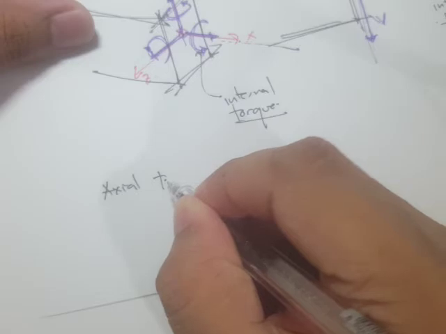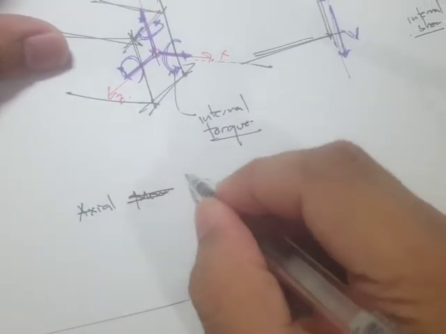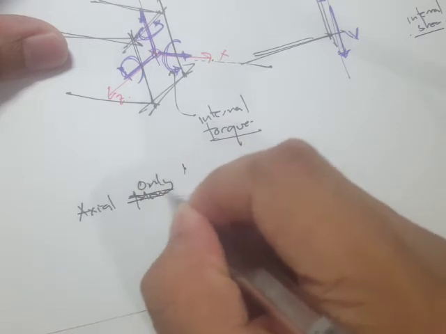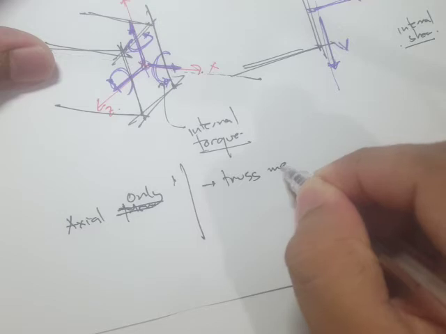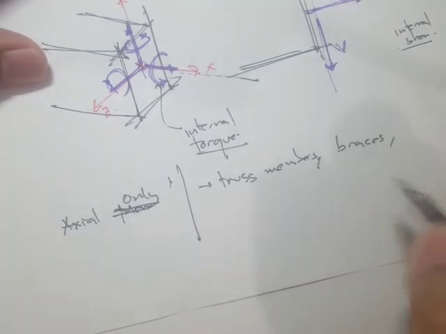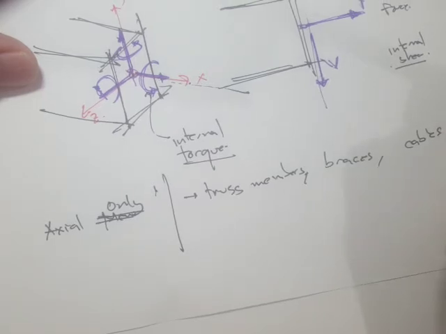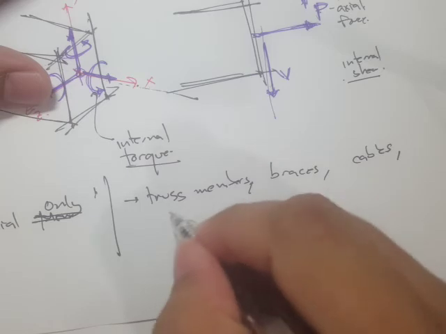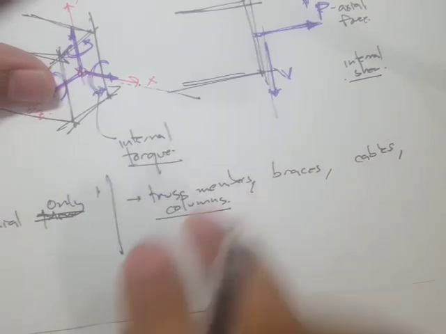Like for example, for trusses, we have axial forces only. This is common for truss members. What else? Braces, cables, and columns, for example. Although sometimes columns have moments plus axial.